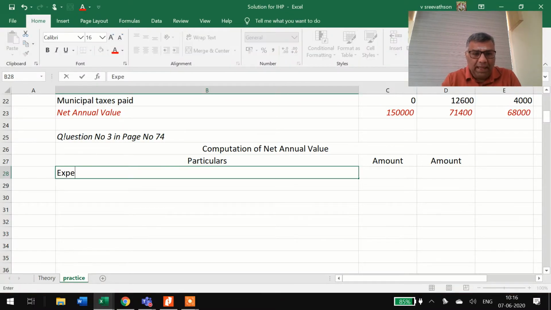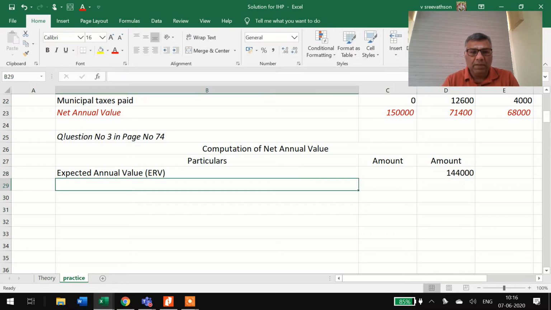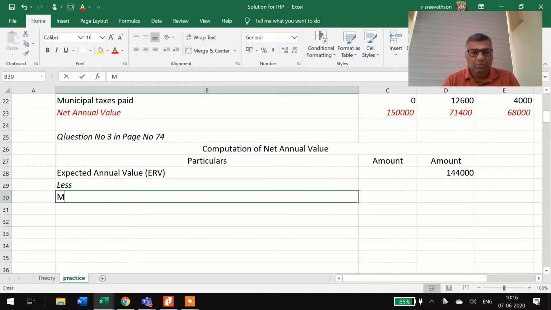So my expected rental value will be 1,44,000, less vacancy allowance.